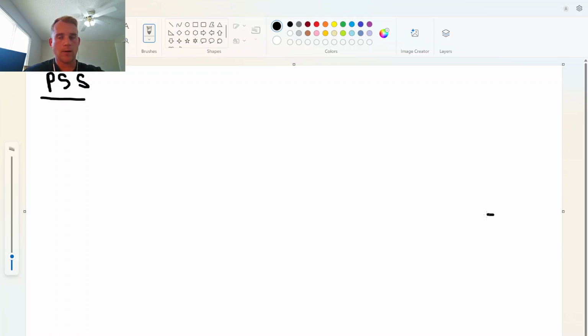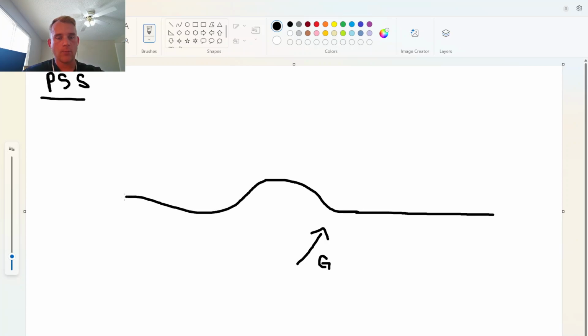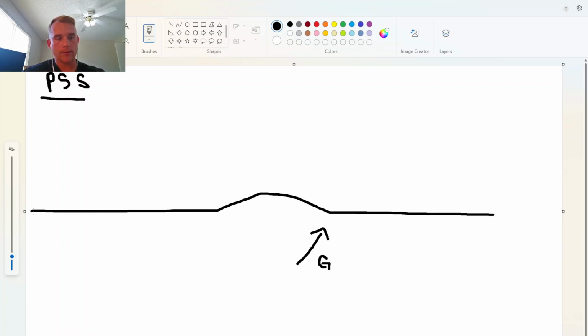We're moving on our flight path, just pretend like this is the plane, and we now encounter a gust of wind or turbulence, and it pops us back up, and because of the design of the aircraft, we return back to straight and level flight. Okay, that is positive static stability.